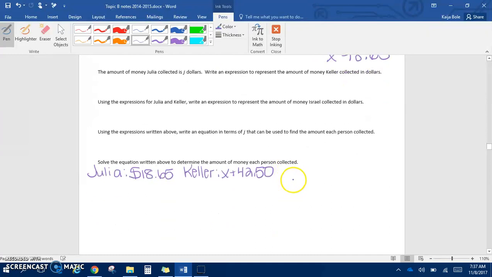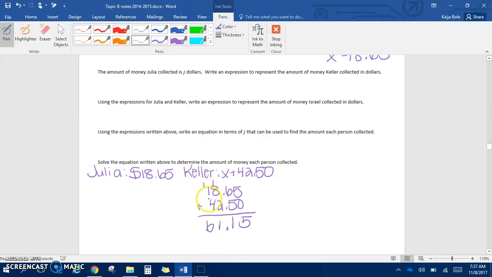So now if we plug in 18.65 for X plus the 42.50 here, we add these up, 5, 11, another 11.